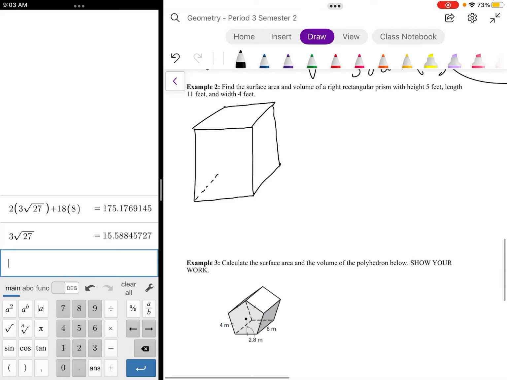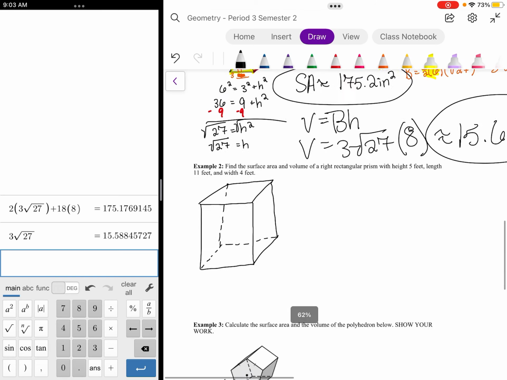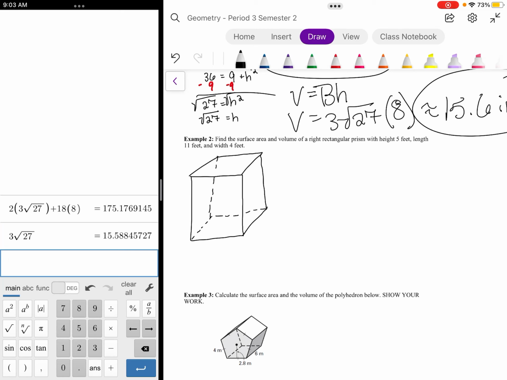And when you draw these, you want to use dashed lines for the ones in the back because you can't actually see these. Okay, so we know that the height is 5 back here. The length is 11 feet. So that one would be here. And the width is 4 feet.